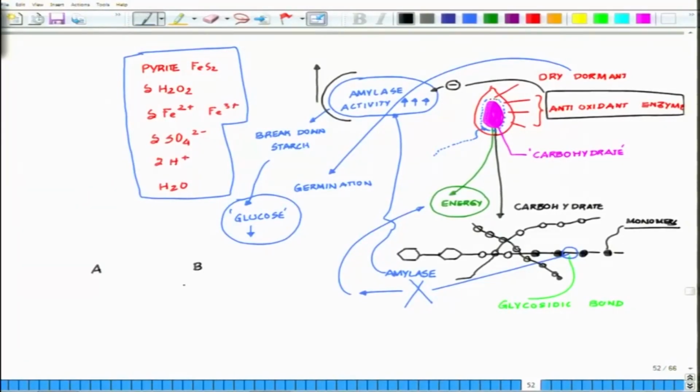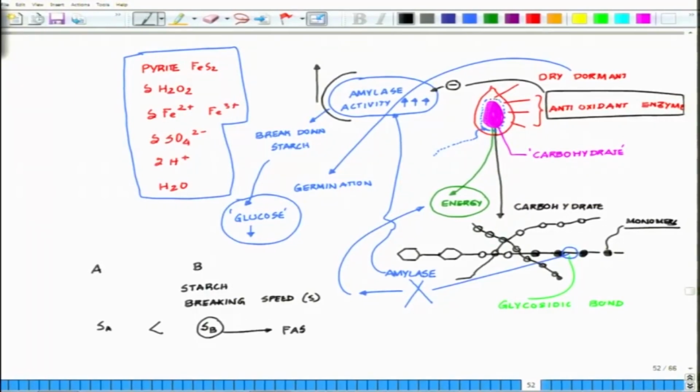So, our test is starch breaking speed. Okay? If I represent the starch breaking speed of A by SA, and SB is the starch breaking speed of B, if SB is more than SA, then B will germinate faster and more successfully.